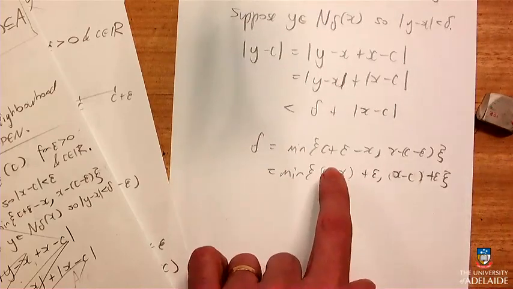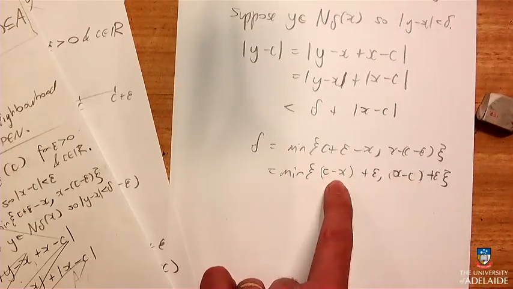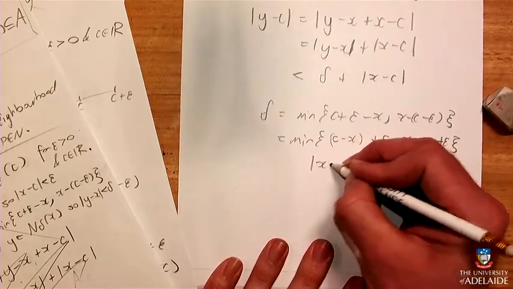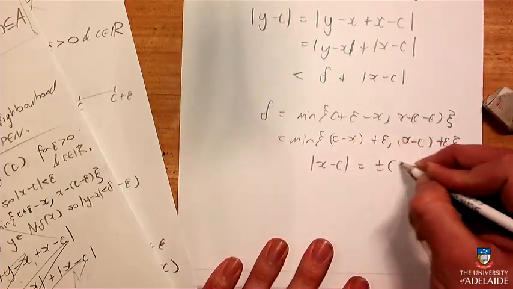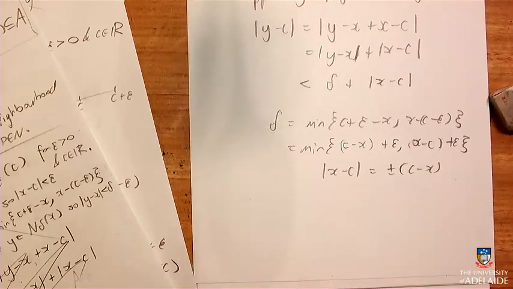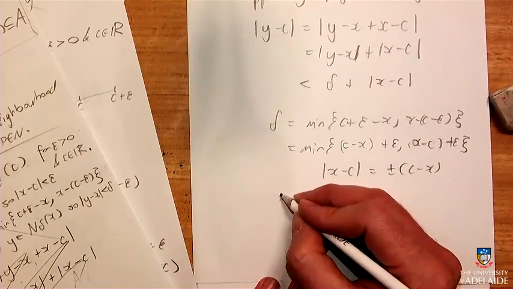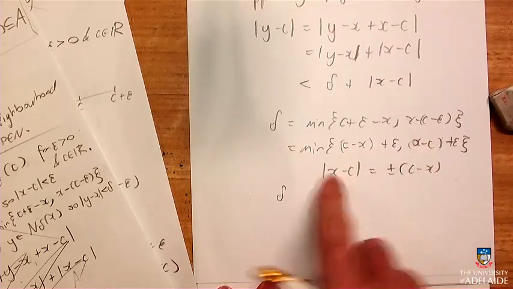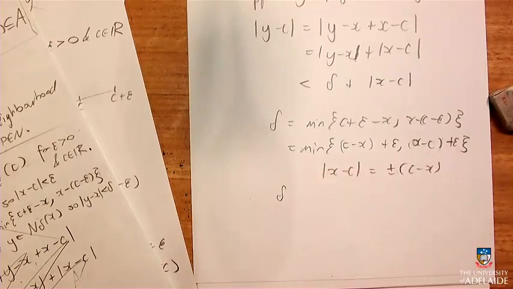But this thing is x minus c, and this is minus x minus c. One of these is the absolute value of x minus c, depending on what x and c are. And since delta is less than both of those options, it's less than the absolute value of x minus c plus epsilon.